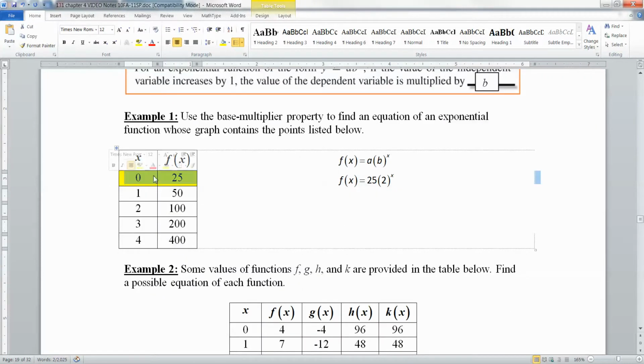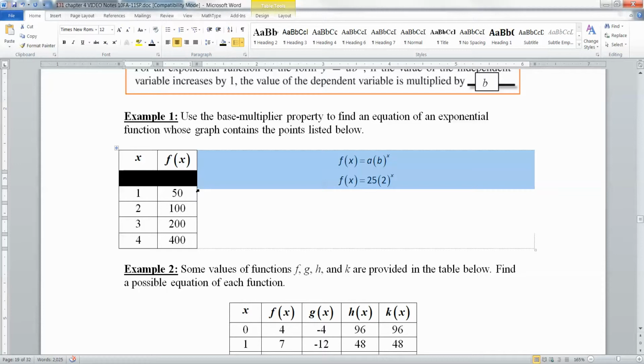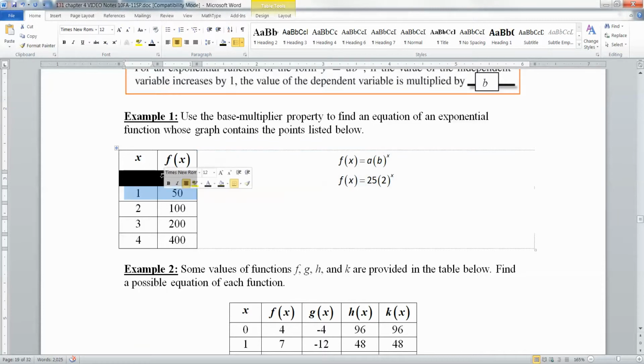Now, keep in mind that if I didn't give this to you, let me make it really awful for you. There you go. If I didn't tell you that it was 25, you could still figure it out because if you knew that 1 goes to 50, 2 goes to 100, you can tell that you're doubling, right? 50 times 2 is 100, 100 times 2 is 200, and so on.